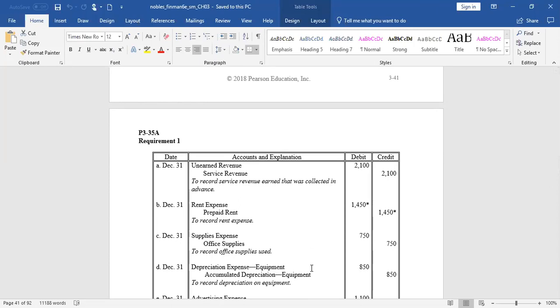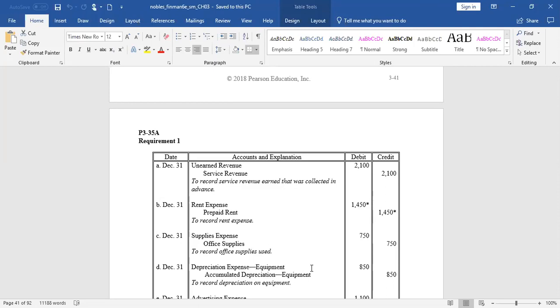Now, you're going to see various contra accounts as we continue through the semester. This is an asset contra account. A contra account always has a buddy account, so it always has an account that it's storing information about. A contra account can never just be sitting on a trial balance or in the general ledger by itself without having a buddy.